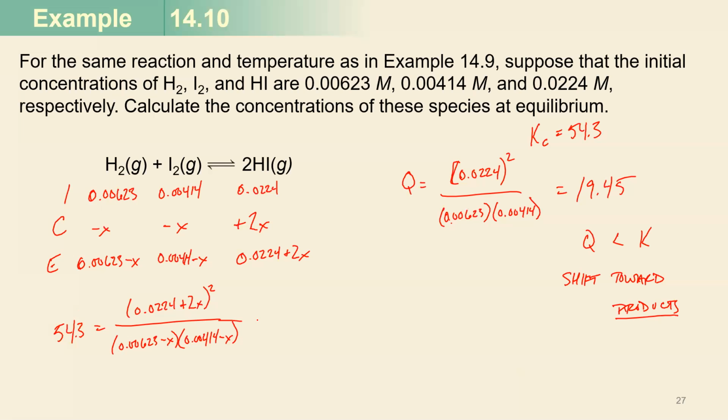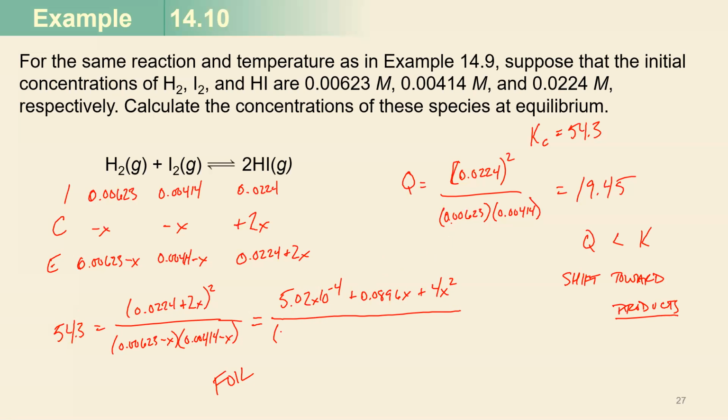And so what we end up with when we do that foiling, so I'm going to put in here foil. We're going to foil the top and foil the bottom. We end up with 5.02 times 10 to the negative 4. That's our 0.0224 squared. Plus 0.896 times x plus 4x squared.